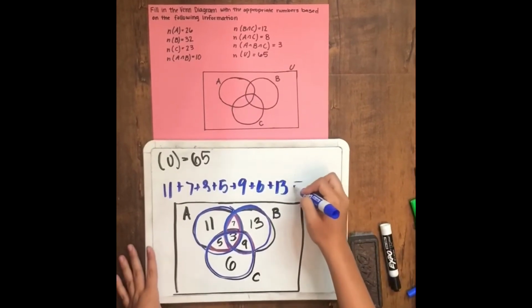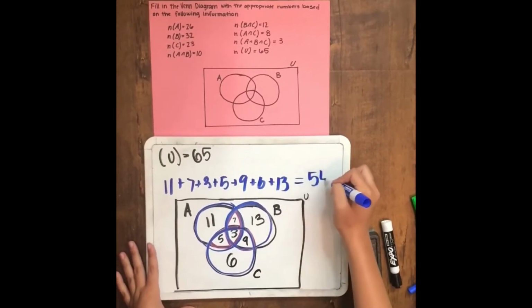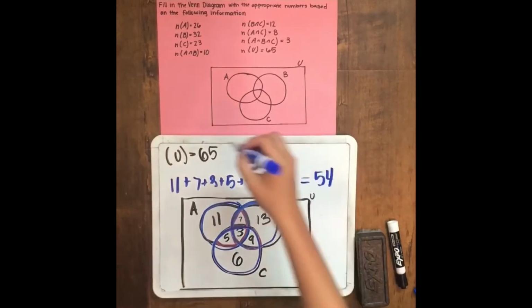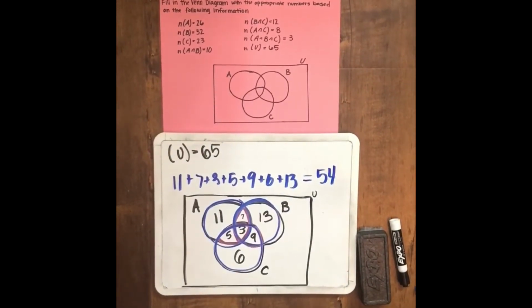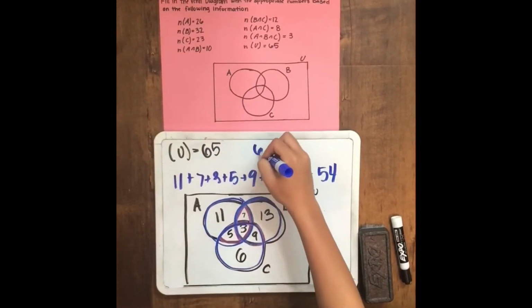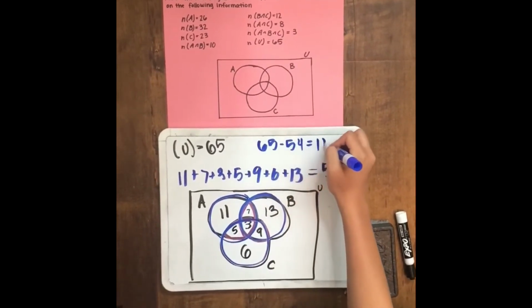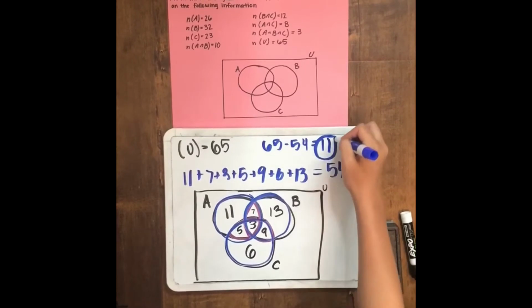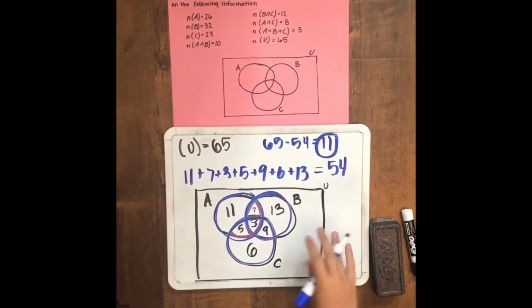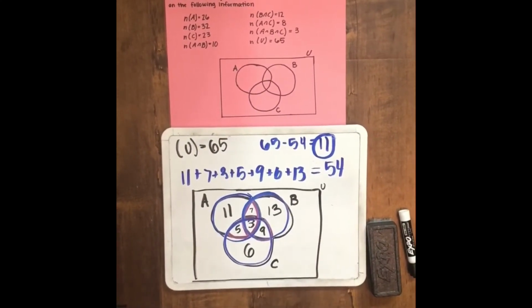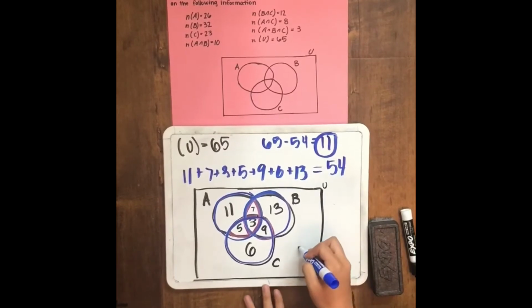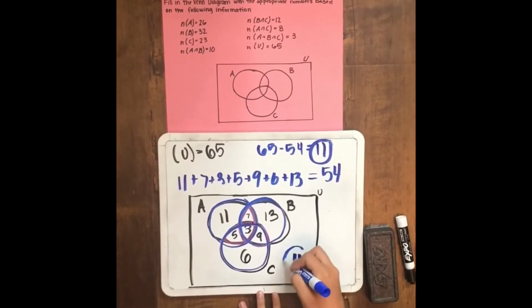If you were to add all these together, this would equal 54, which does not add up to our universal set of 65. 65 minus 54 is 11. So we know that we are missing 11 elements somewhere. They are not contained in the set, but we have 11 left, so we know that we must put 11 outside of this box right here.